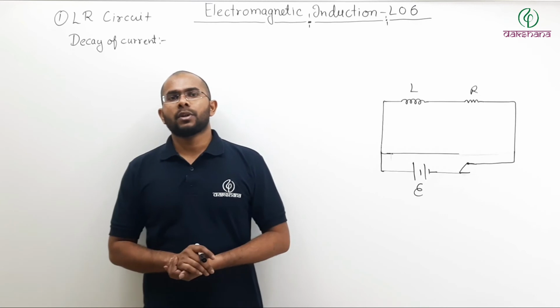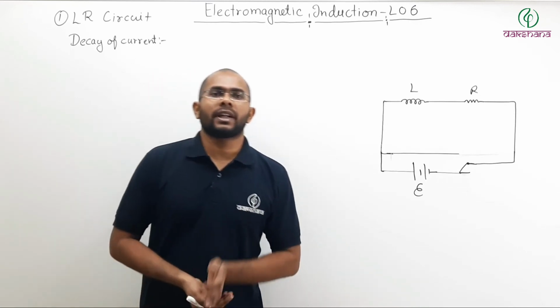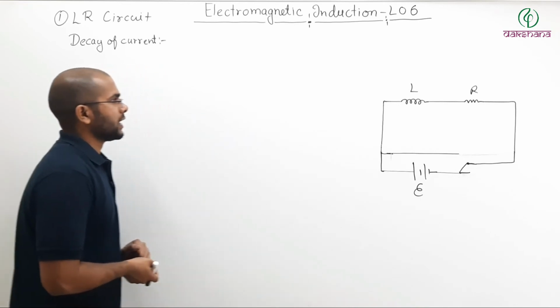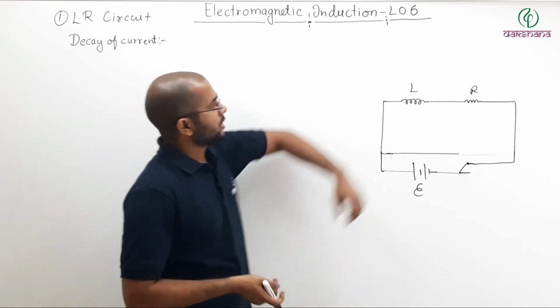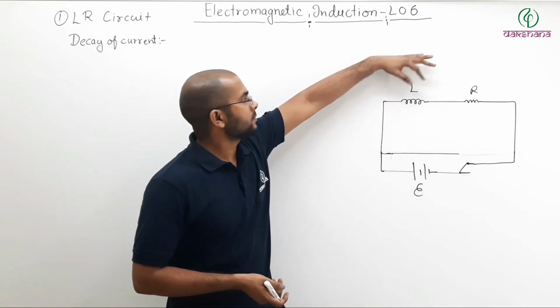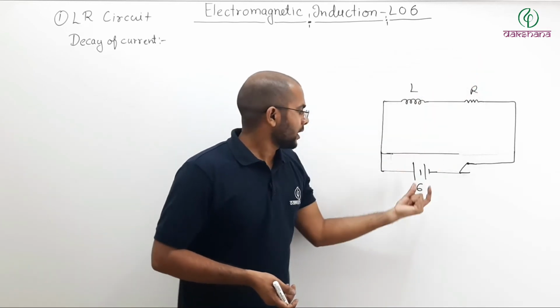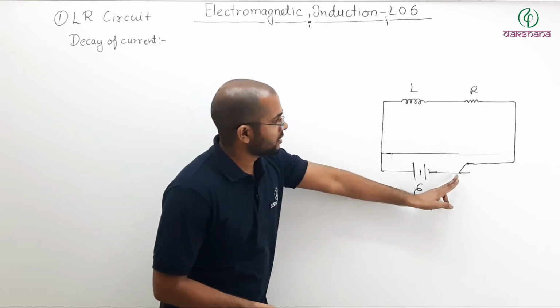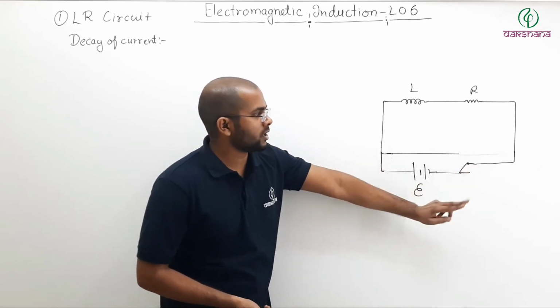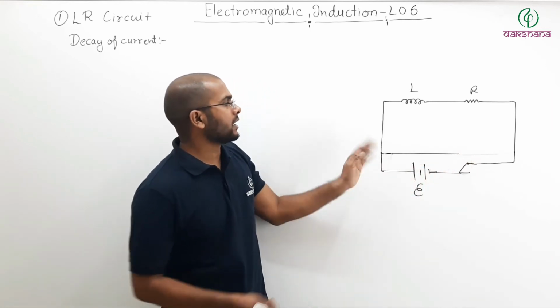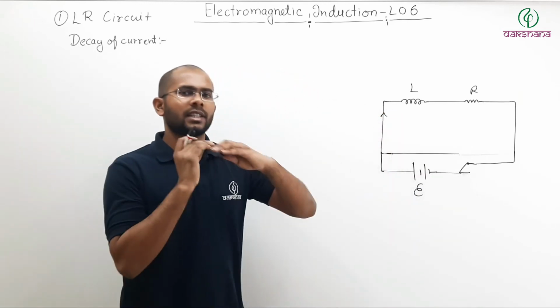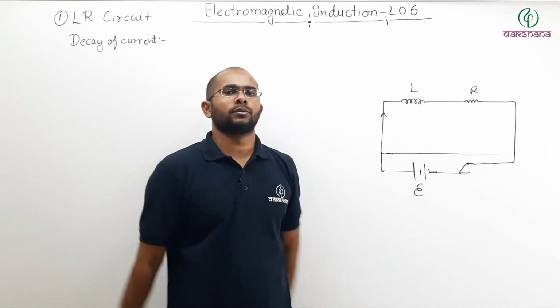Now let us try to understand what is decay of current in an LR circuit and how it works. Here I have drawn a circuit. Here it is an inductor, here it is a resistor, and here it is a battery. Initially the switch is on, here it is a switch. The switch is on and the current has reached a steady state, meaning current is already at maximum value.